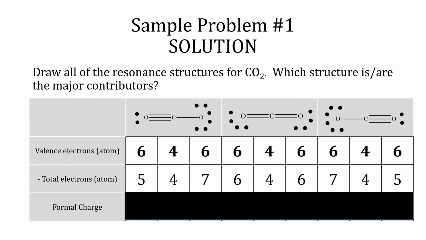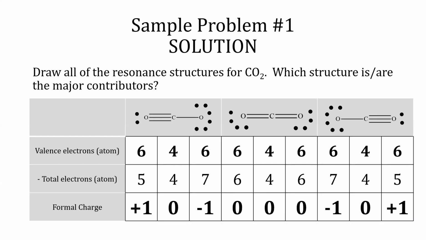The formal charges from O to C to O atoms per structure are as follows. Left structure is +1, 0, and -1. Middle structure is 0, 0, and 0. And right structure is -1, 0, and +1.